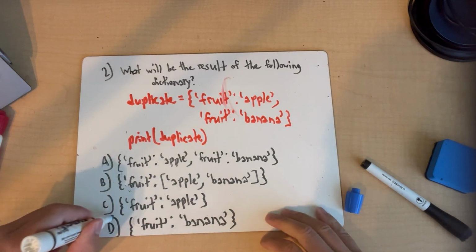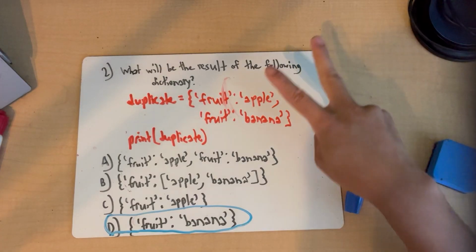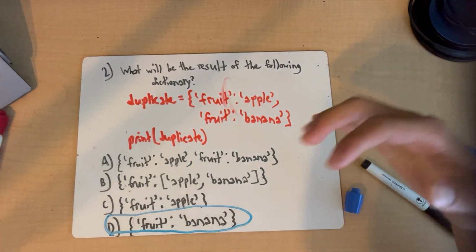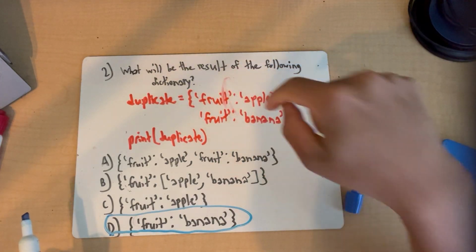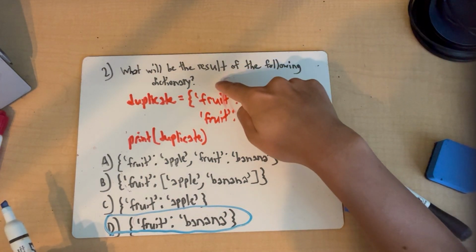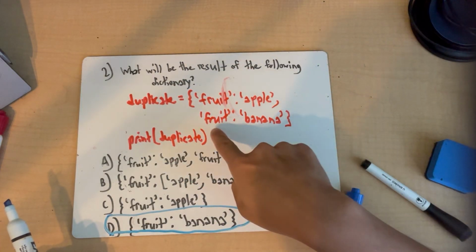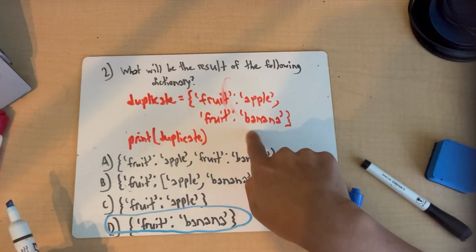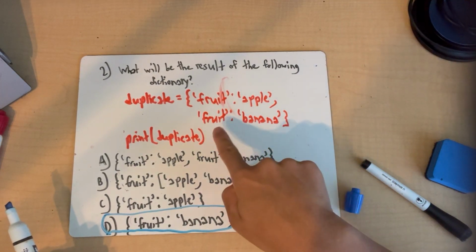The correct answer is D. And it may seem like there are 2 key value pairs, but remember, there can't be any duplicate key names. So because we have the same key name called fruit twice, only this key value pair is going to be outputted because this was the most recent key value pair.